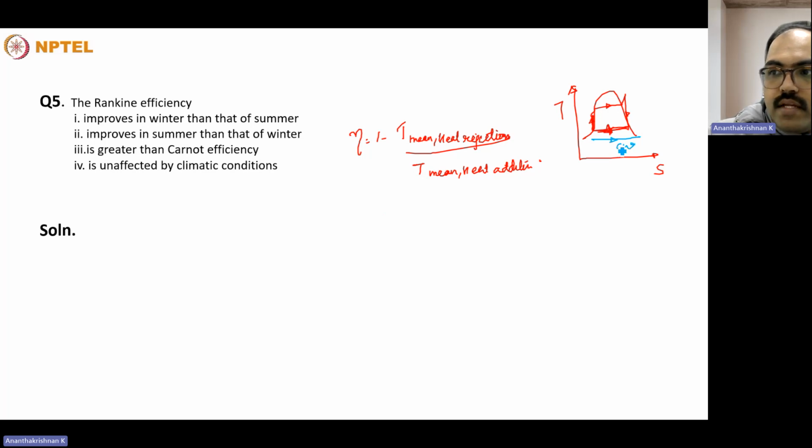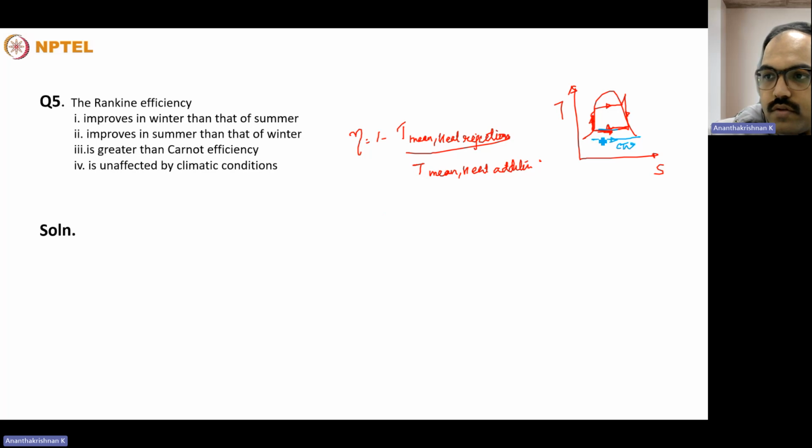What happens in winter, the cooling water incoming temperature will be lower compared to that of the summer. When the cooling water temperature decreases, correspondingly, the temperature at which the condensation occurs will also come down.